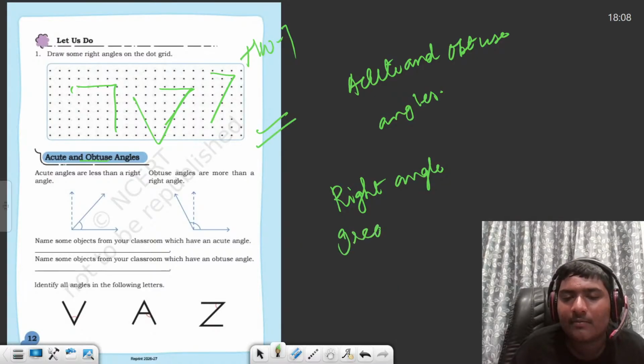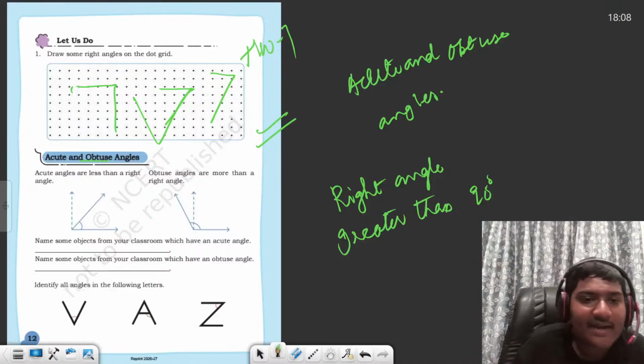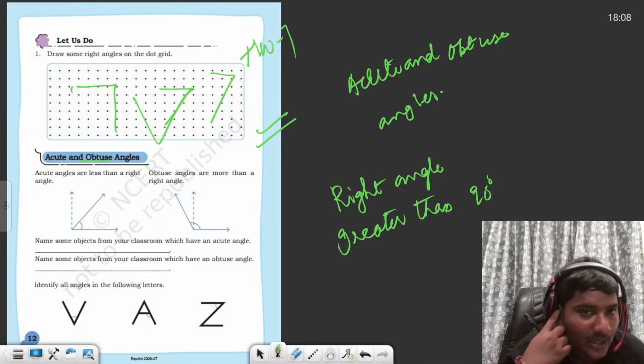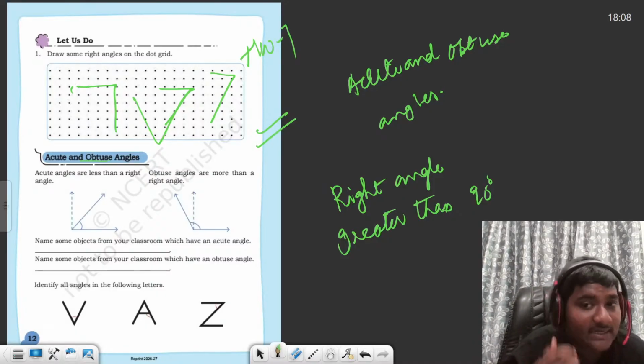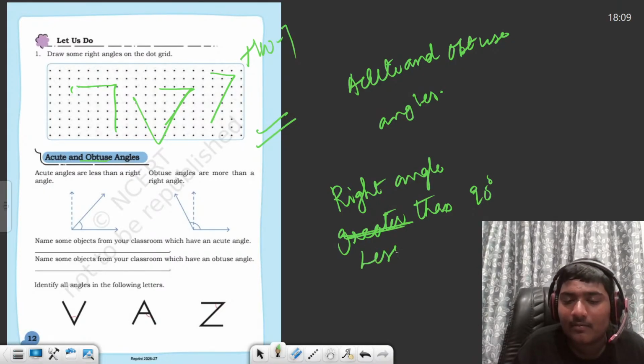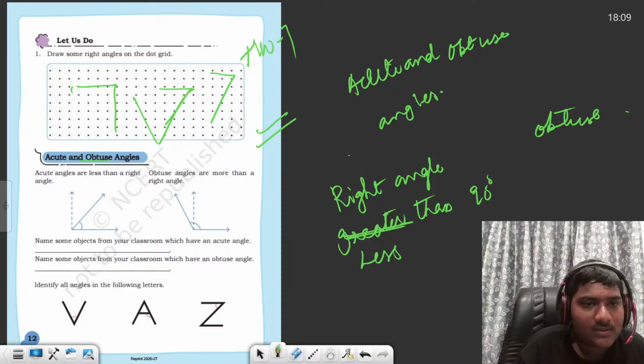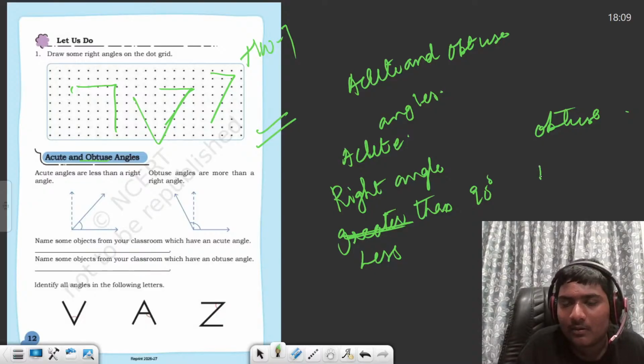It's 90 degree, right? Sorry. Acute angle less than. So then what is meant by obtuse angle? Obtuse angle more than a right angle.